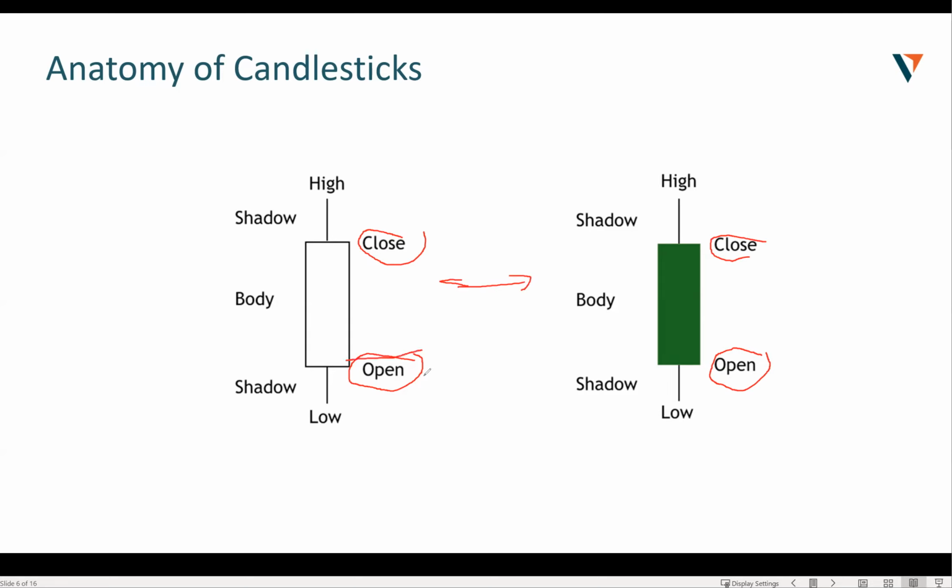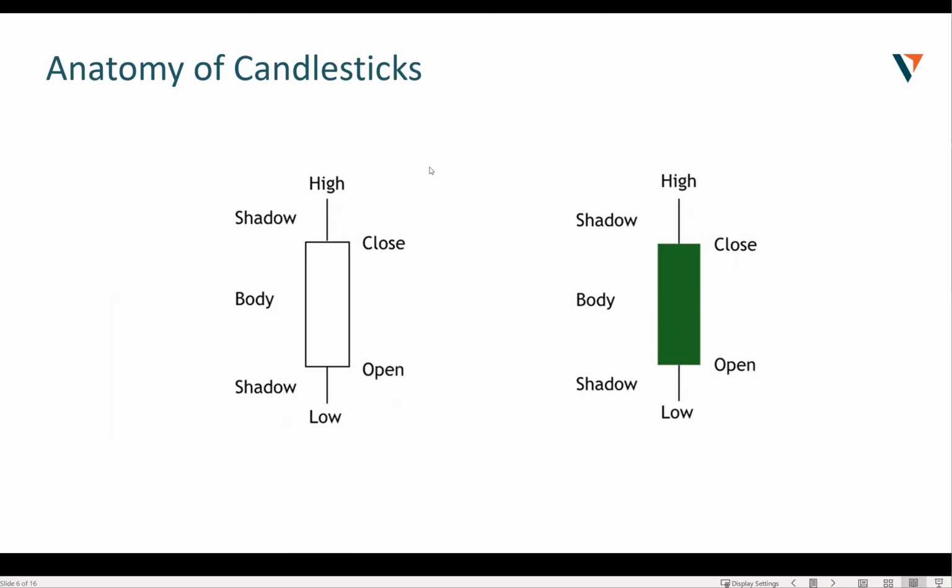Because it's a bullish candlestick pattern, prices would close much higher as compared to where it started. This is what people often refer to as the OHLC values as well. O just means open, H means high, L means low, and C means close. So if you hover your mouse around, for example, a TradingView chart, you can see the OHLC values of each candle.